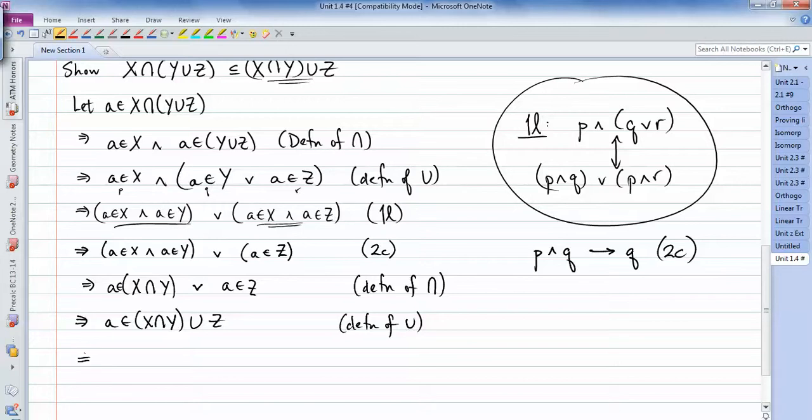And so then I can say I've done what I needed to do, so I've shown what I'm hoping to show up here. If A was in this side, then A is in that side, so therefore I get a subset relationship here. So I'll rewrite that line, except now it's a therefore instead of a show.